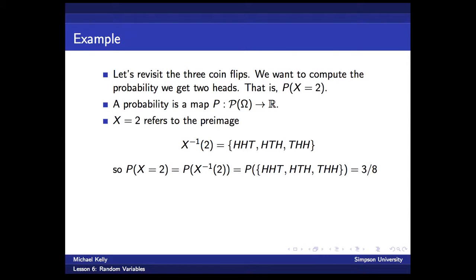Well, X equals 2 refers to a subset of omega by taking the preimage of 2 under X. So X inverse of 2 refers to the sample points HHT, HTH, and THH. So the probability X equals 2 is the probability of the subset of omega {HHT, HTH, THH}, which is 3/8.